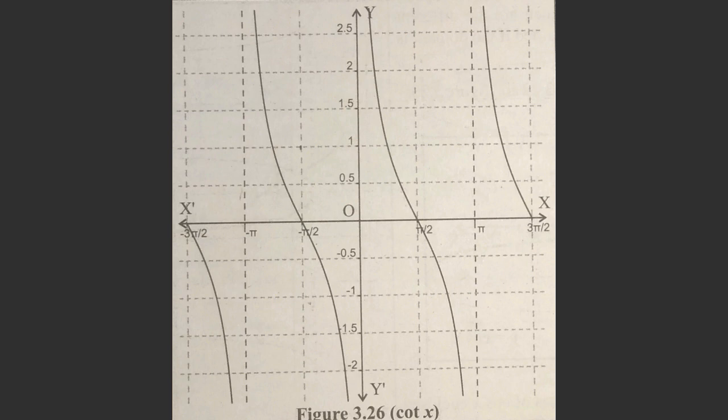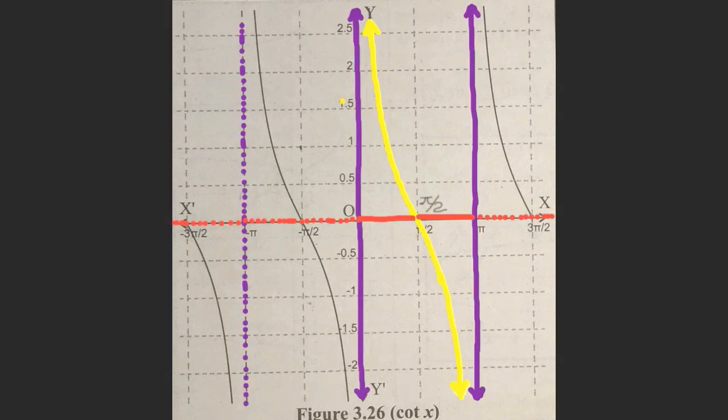Therefore, we are observing the parts of graph of cotangent x between the interval 0 to pi, then pi to 2 pi, 2 pi to 3 pi, minus pi to 0, minus 2 pi to minus pi, etc. and so on.